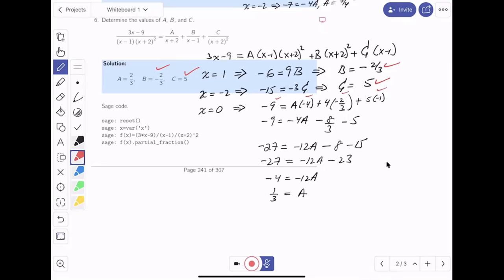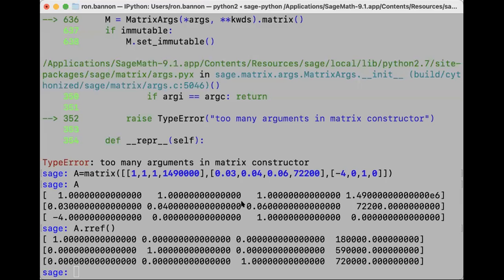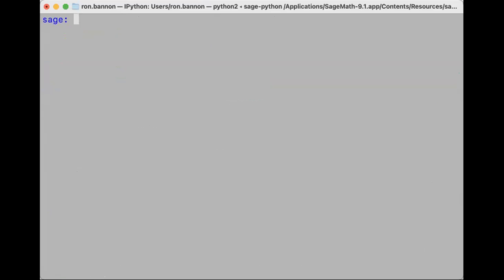You know what I'm going to do? I'm going to go over and run my Sage code on it. This is a good example of, I don't see my error. Maybe there isn't an error. So I'm going to switch screens for you. And what I'm going to do is just run the Sage code in the notes here.